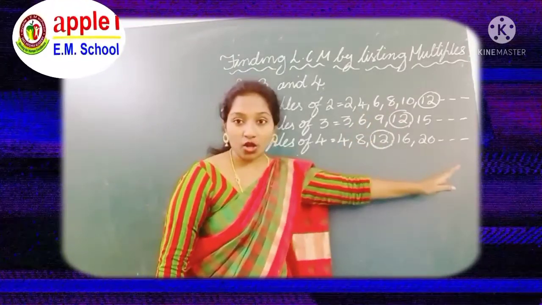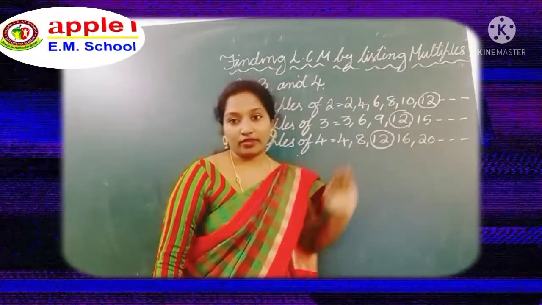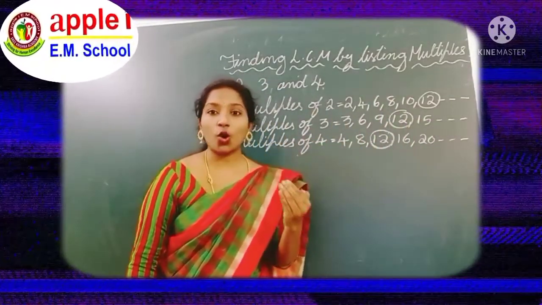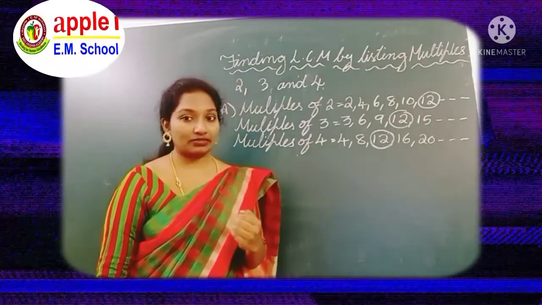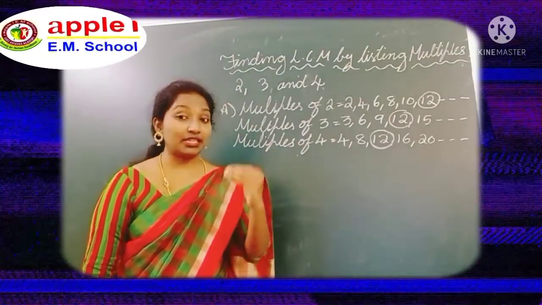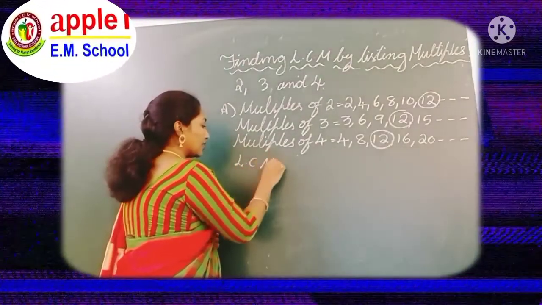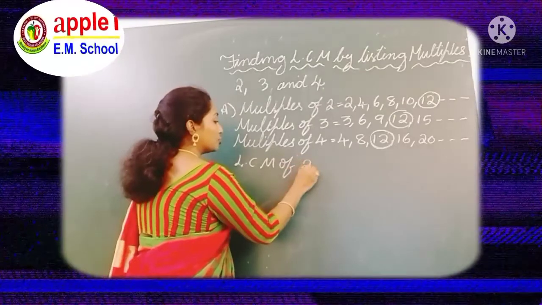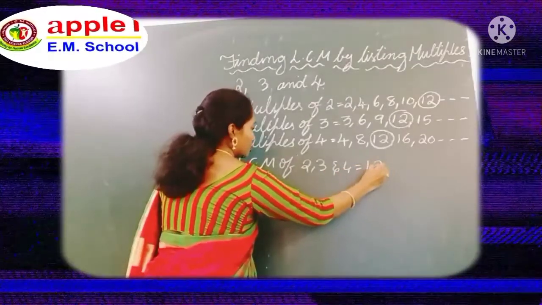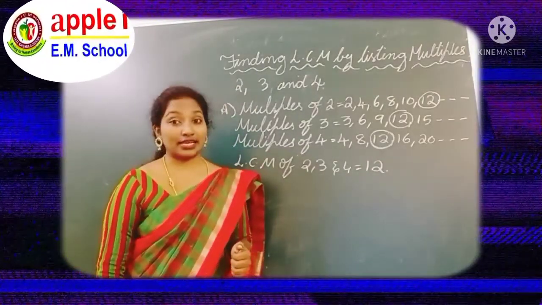We will still get common multiples, but those are greater than 12. So 12 is the least common multiple. Least means smallest. So what is the LCM of 2, 3 and 4? 12. Understood, children?